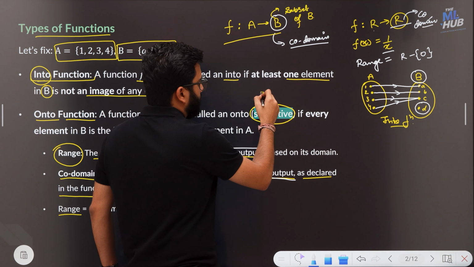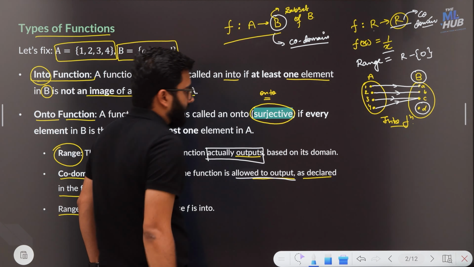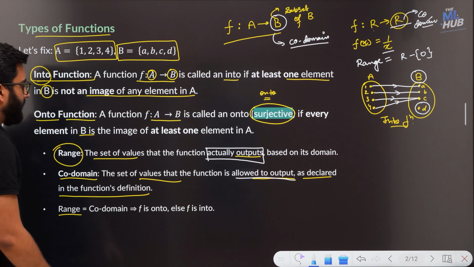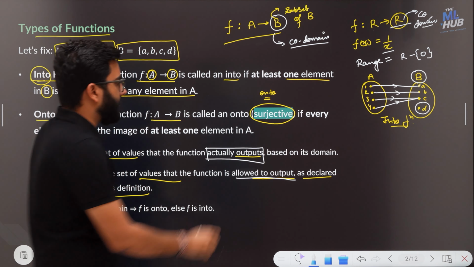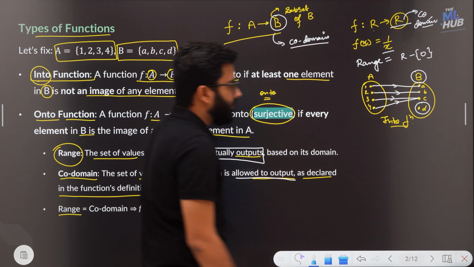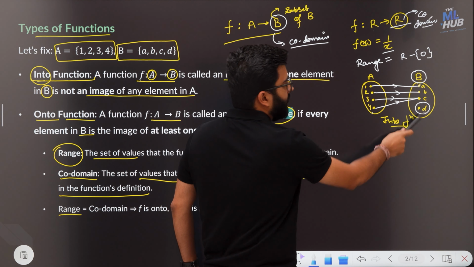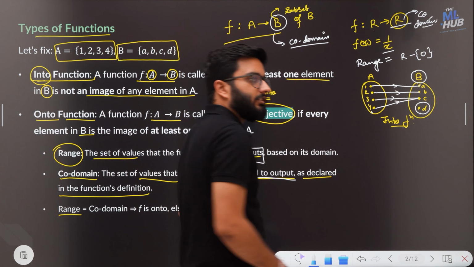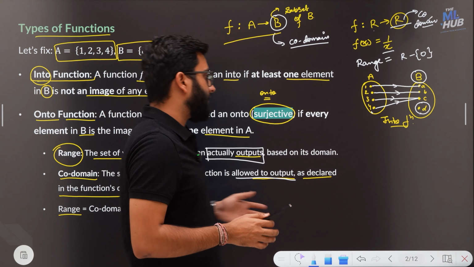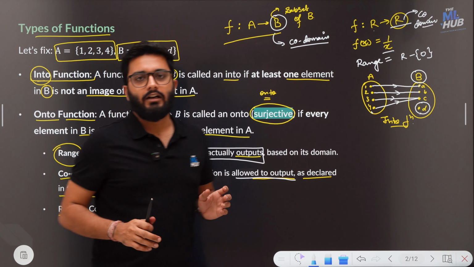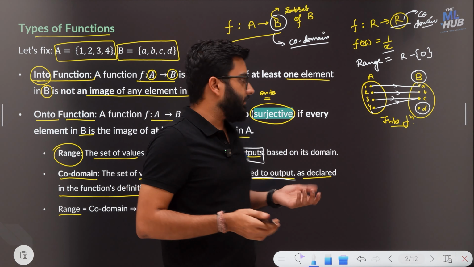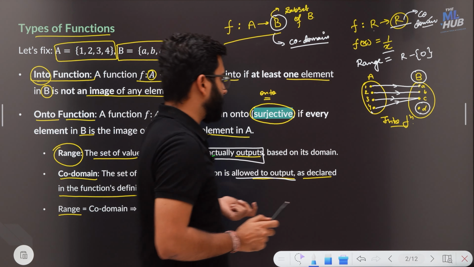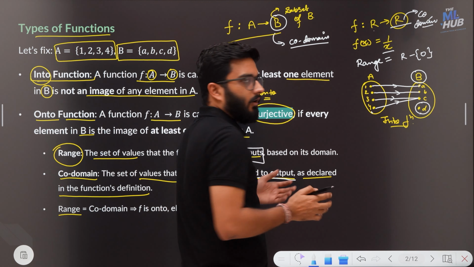A function is onto if every element in B, the second set, is the image of at least one element in A. If you have a mapping from A to B, every element in B should have a corresponding mapping in A. If this holds, then the function is onto. In other terms, if the function is not into, then it is onto. So into and onto are mutually exclusive: a function will be either into or onto.